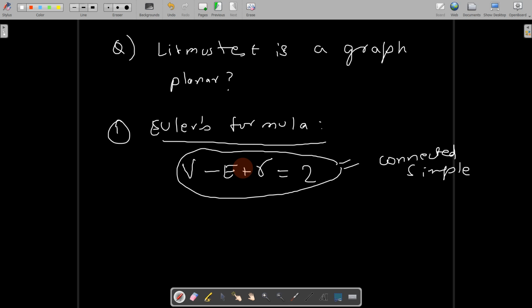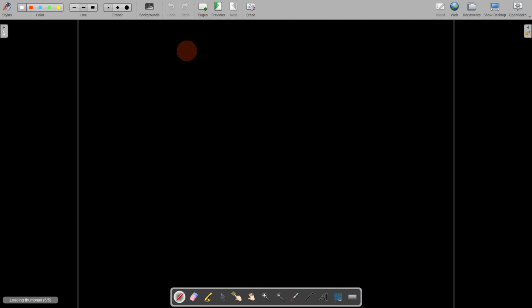That is not sufficient to definitely come to the conclusion that the graph is planar. Okay, so we have more tests for that. Now let us see the induction proof that for any planar graph, this Euler's formula is definitely true. How do we prove this? Okay, go to the next page.